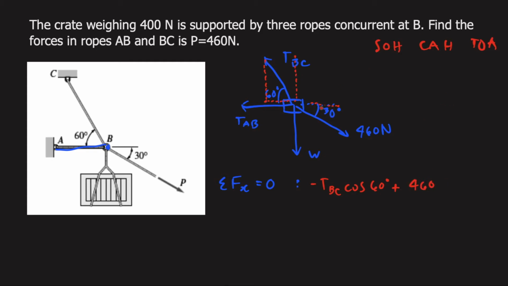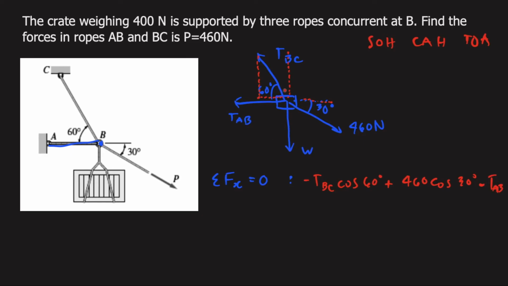Again, we measure the angle with respect to the x-axis, and this side is the adjacent side of 30 degrees, so we will use cosine 30 degrees. And then minus TAB here is this one. It's directed towards the negative direction, that's why it's negative.